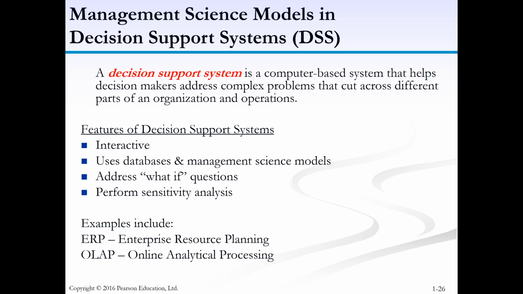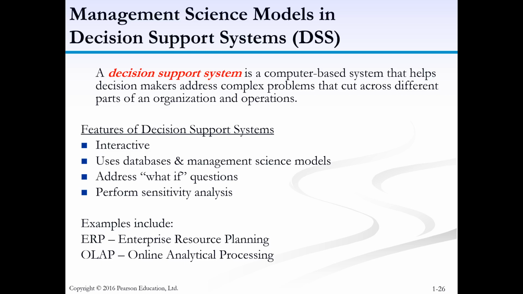Management information systems are for structured problem decision making, but for complex, unstructured problems, decision support systems help the decision maker to interact, to ask what-if questions, and solve them using management science techniques, and then make the decision.